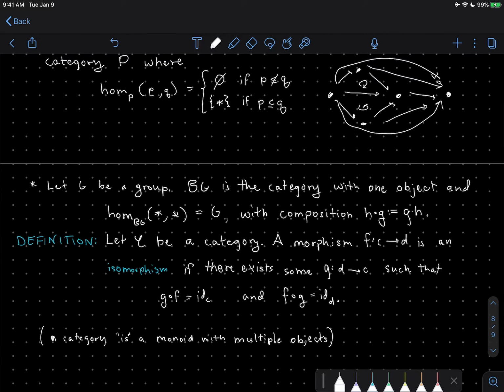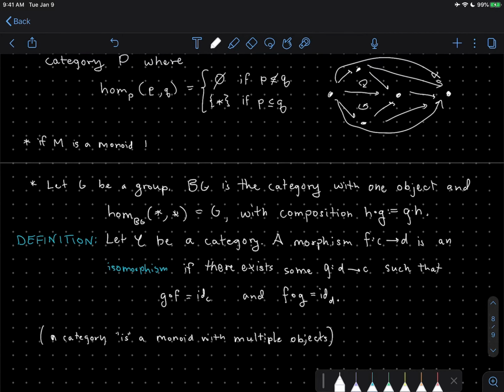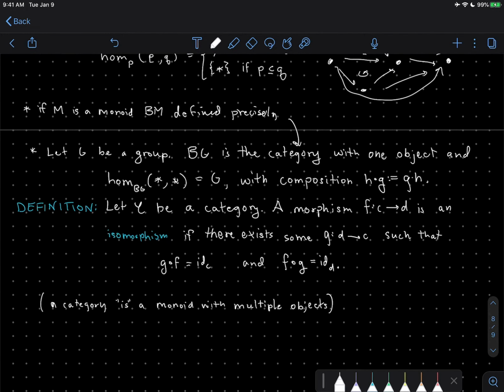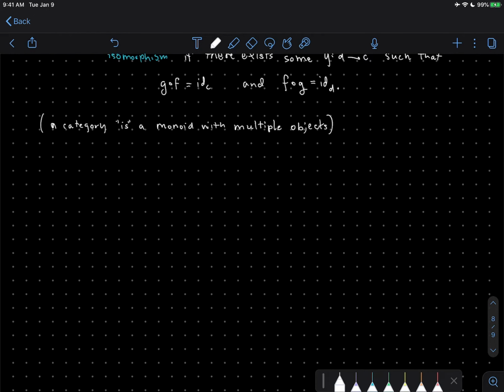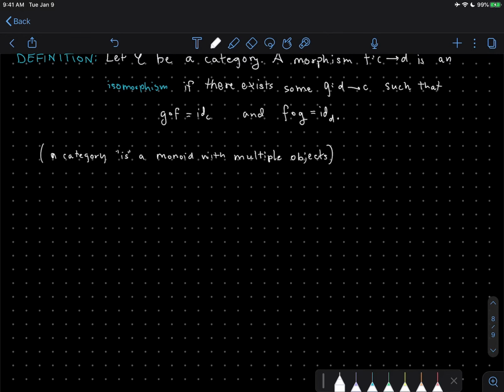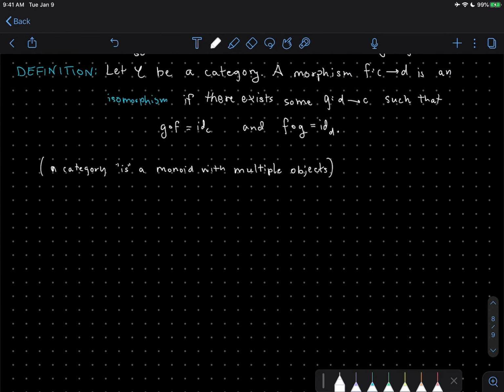In this example here, what I probably could have added beforehand is if M is a monoid, we can take BM to be defined precisely as here, and that's more general than BG for a group G. So a category basically is a monoid with multiple objects.